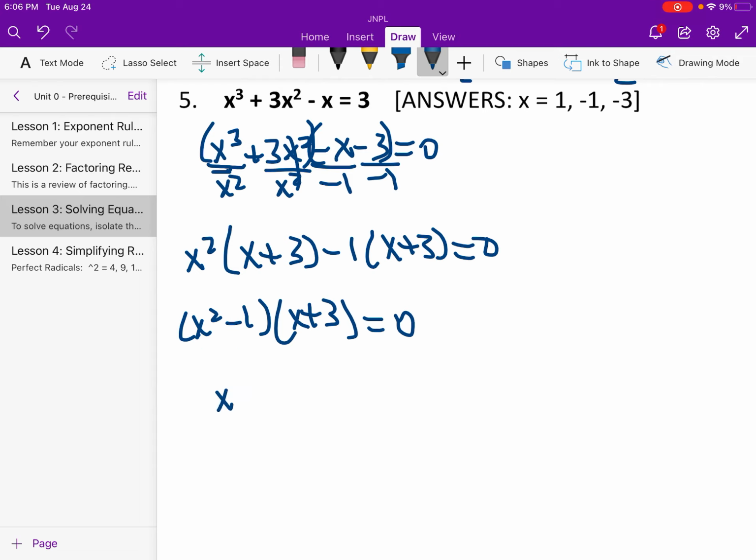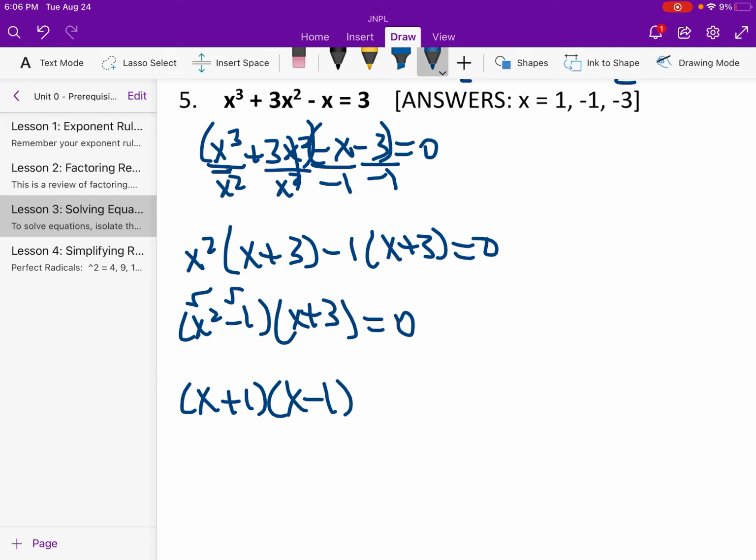Or you could just set this equal to 0 and know that when you take the square root, you would get positive and negative. But the way that you usually want to do it is just to see that that's a difference of squares. So you take the square root of everything there. Square root of x squared is just x, and then square root of 1 is positive and minus 1.